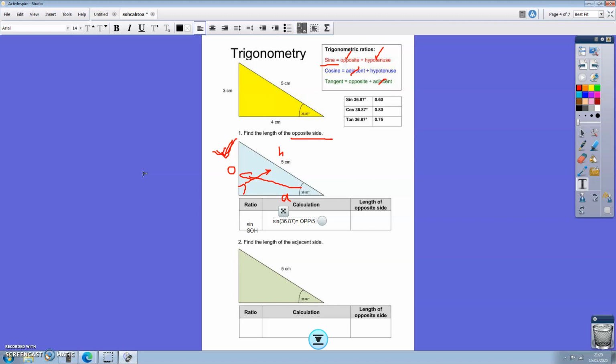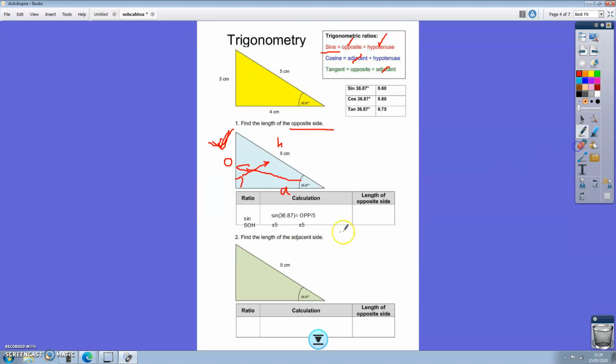So if I times this side by 5, I have to do the same thing this side. So I'm timesing both of them by 5. That will cancel with the 5 and just leave me my opposite.